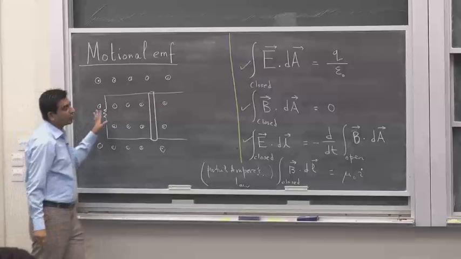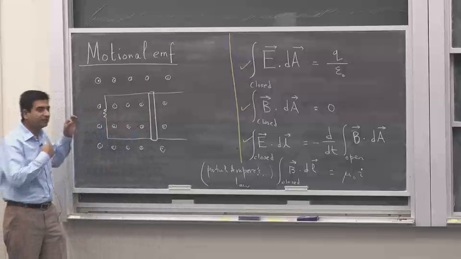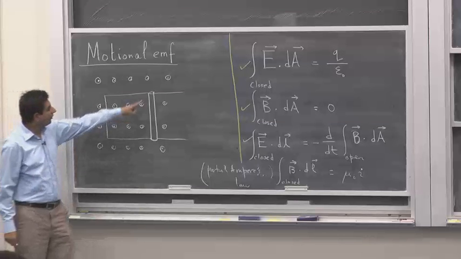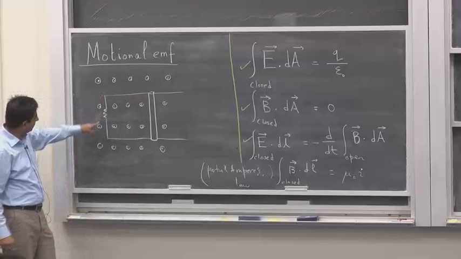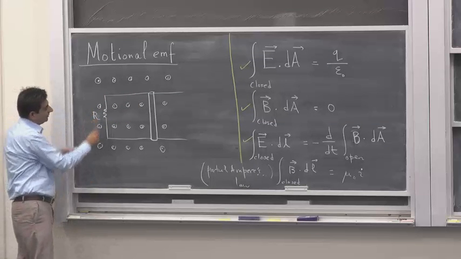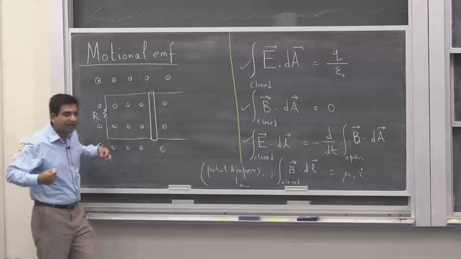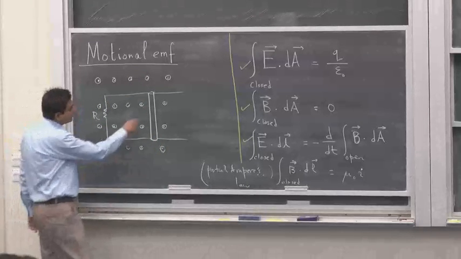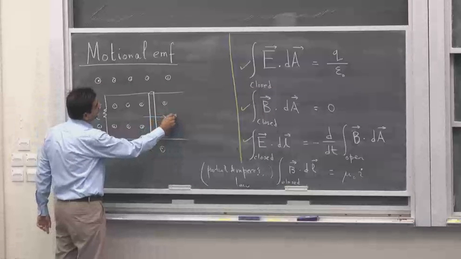This conducting rod can sail on the rails without any friction. All of this is a conductor, and I have a resistor here, R. The rod moves on these rails with a constant speed v.